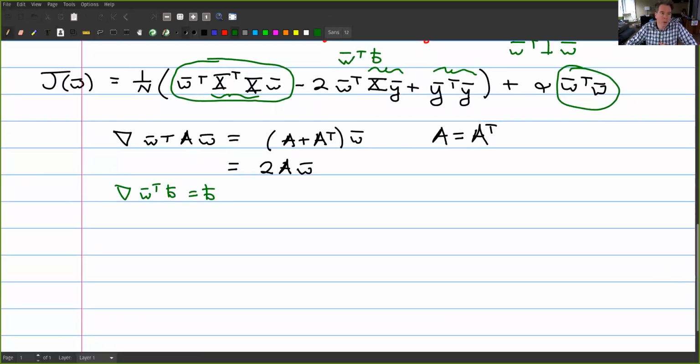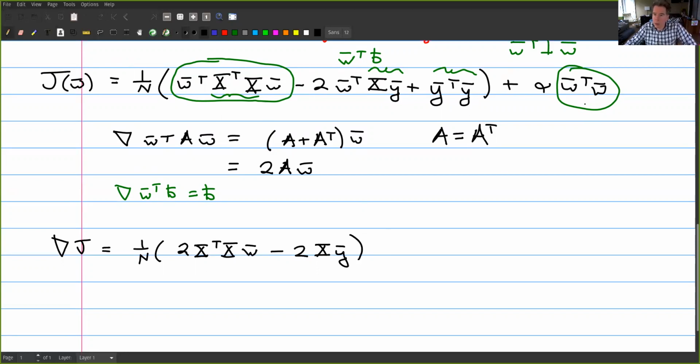Okay, so now we go ahead and take the gradient. So the gradient of J is, we can ignore the 1 over n and distribute over sums, just like the regular derivative. And this becomes 2 times X transpose X times W for this first part, minus 2 XY for the second part, plus 0, so I'm not even going to write it.